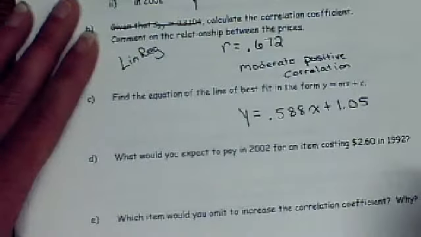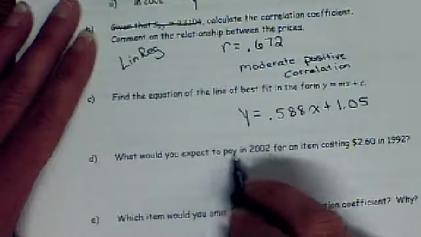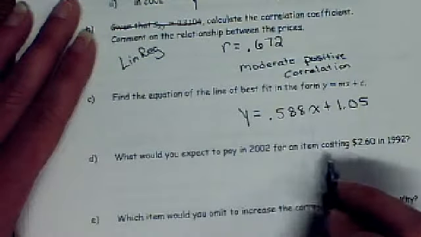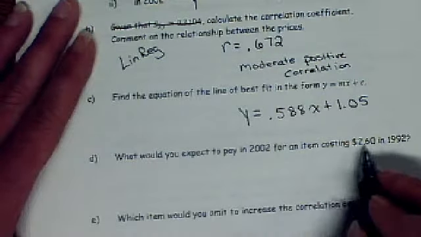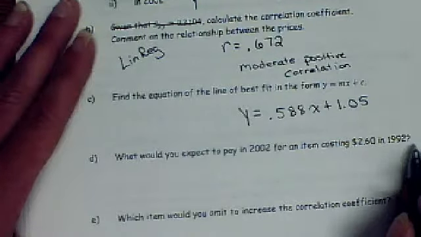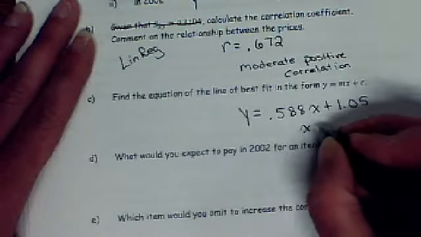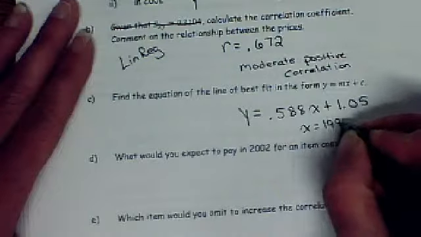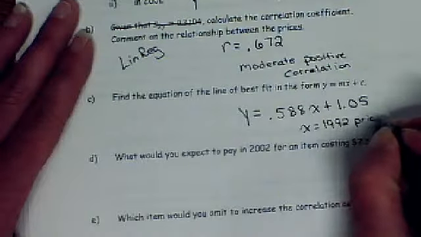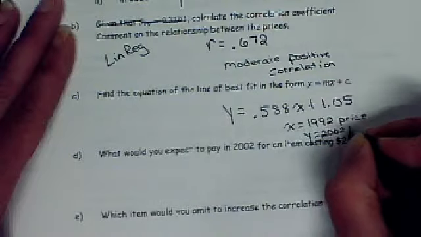Now, from your line of best fit, can we find out what we would expect to pay in 2002 for an item costing $2.60 in 1992? Now let's think about, again, which one was our X and which one was our Y. X was the 1992 price, and Y was the 2002 price.